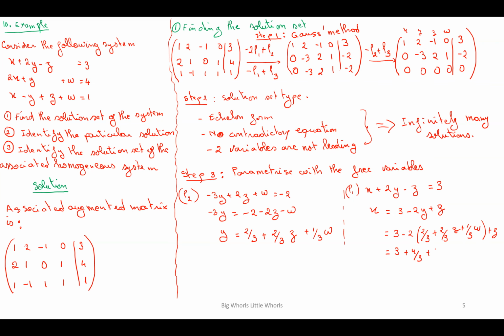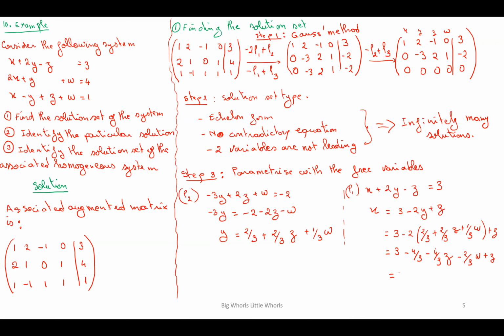So 3 plus minus 4 over 3 minus 4 over 3 z minus 2 over 3 w plus z.